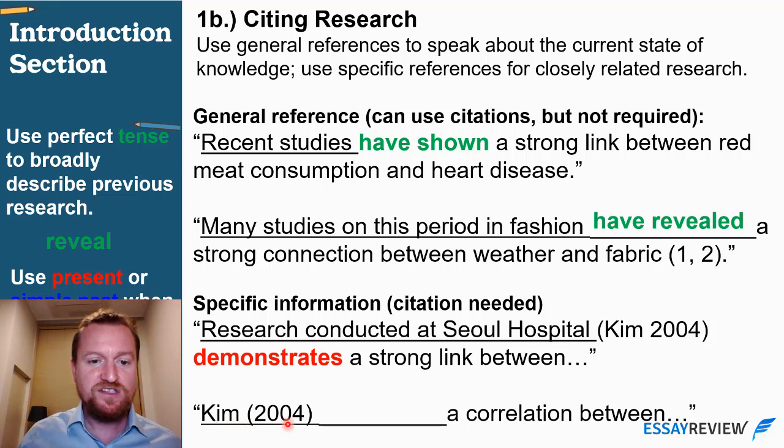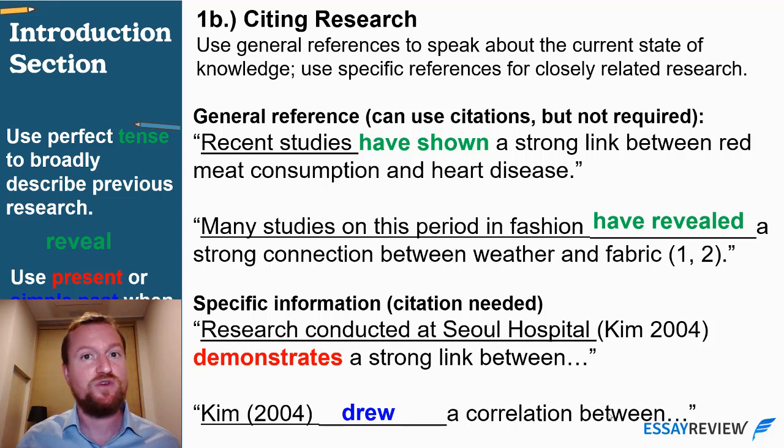So Kim, citation, "a correlation between." Has drawn? Well, we're referring to one study, so we can say past tense. It's a study that was in the past. So Kim drew a correlation. Some style guides, such as MLA, will use the present tense here, right? So Kim draws a correlation. Again, it really depends on the style guide you're using, whether you use past or present.